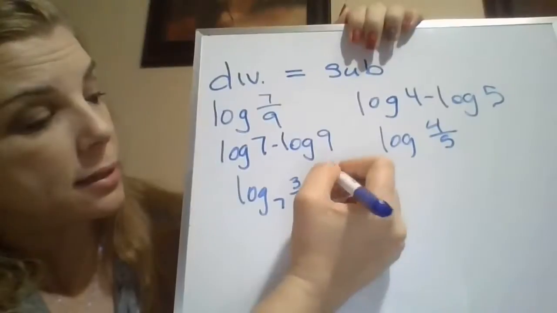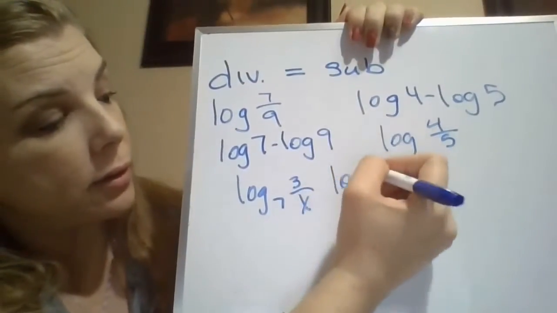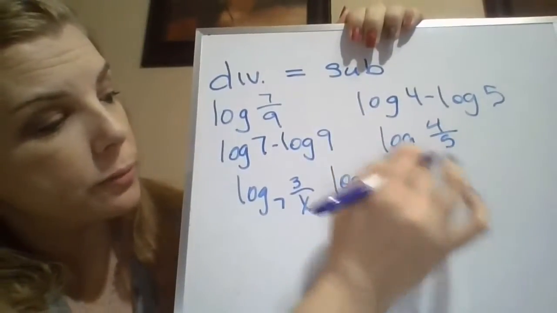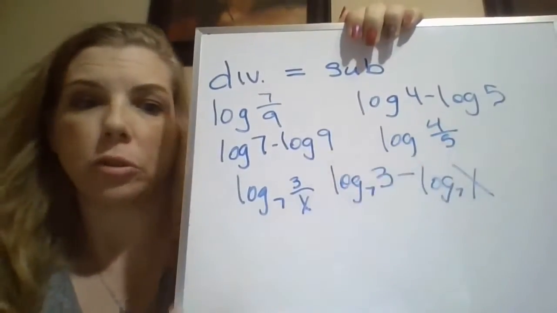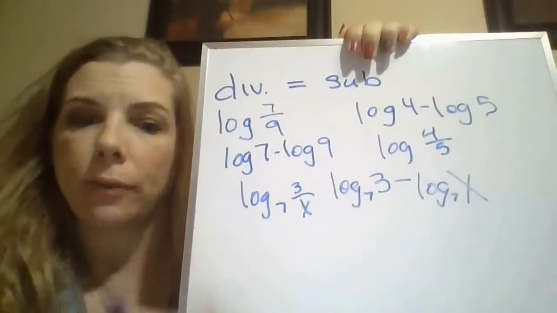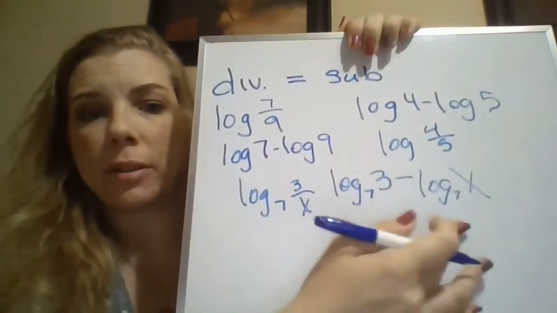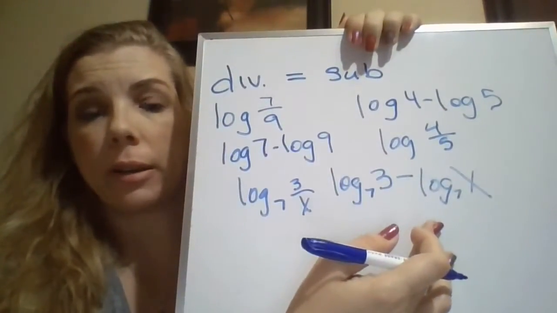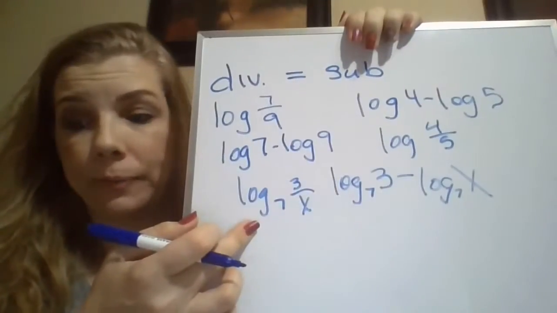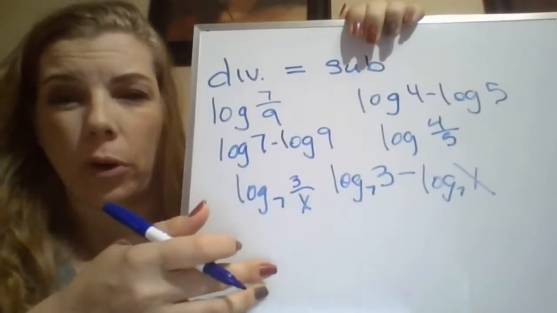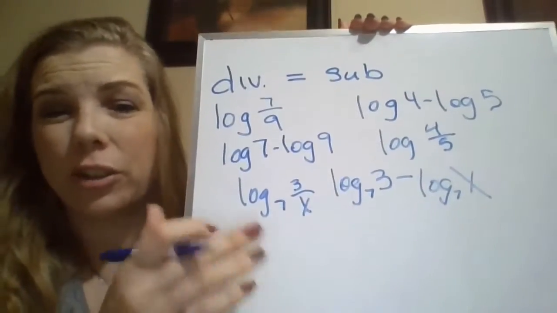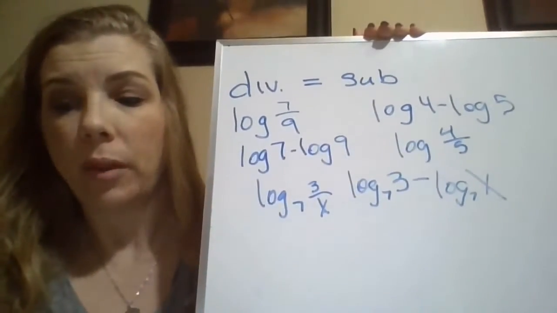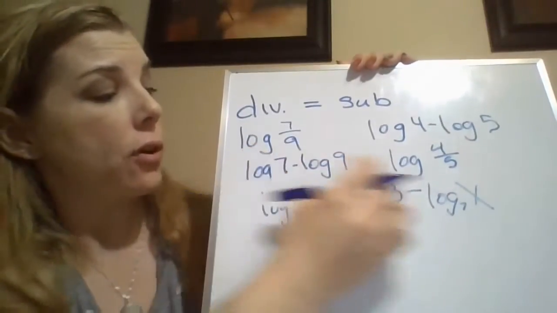So this one means log 7 of 3 minus log 7 of x. You just put it in just like that. If you were reversing it, and they wanted you to put it in single form, it would be over here. That's all you have to do for R10. You're just moving things around. Actually, all of logarithms, you're just moving things around.